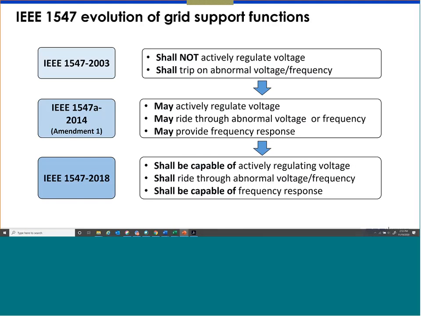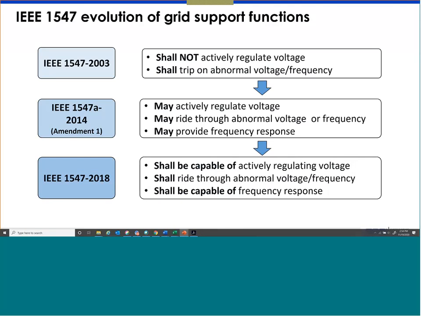By 2012, 2013, because of high penetration in Hawaii, California, and Germany, there was a thought process that not involving those resources in any sort of grid support is not a good idea. But any modification would take a couple of years.